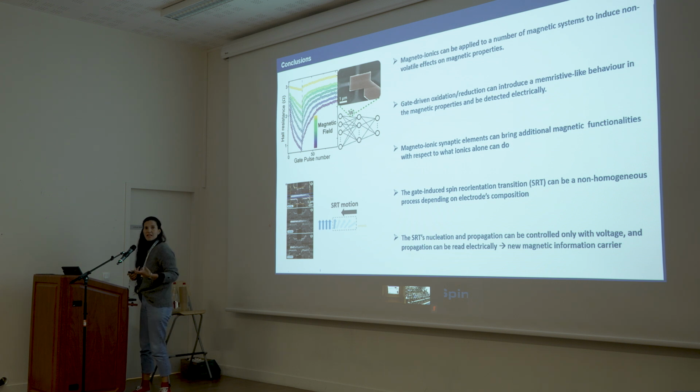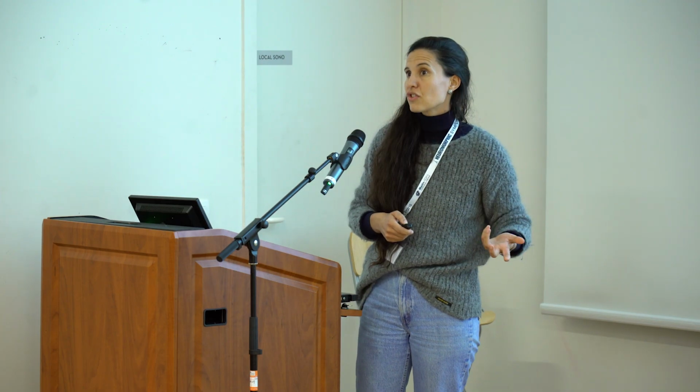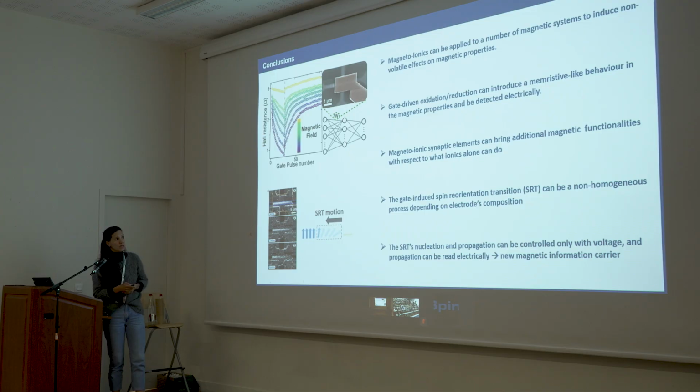In particular, I think we have a lot to learn from the memristor community, and there are a lot of interactions that should come from talking between the spintronics and memristor communities. We think the magnetic degree of freedom can bring a lot of new things. Recently, by using ionics, we could see a new type of magnetic information carrier that is driven by voltage, and we're excited to work with this for new types of spintronics neuromorphic components.